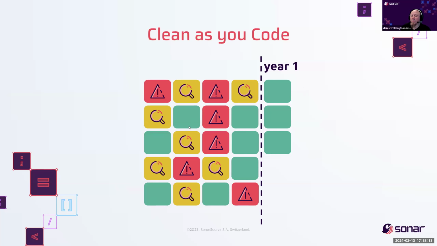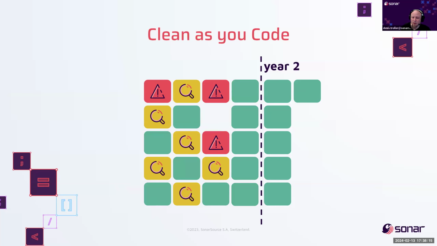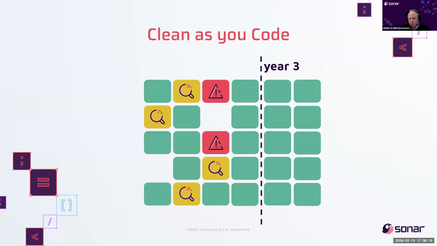And if you continue applying that concept after 2 years, this is what it will look like. And after 3 years, it's even better. Granted, there are still problems here, but at the same time, this code has been running in production for 3 years already. So normally, these are not major problems, and they will be dealt with over time.